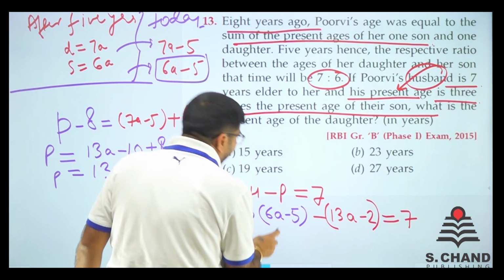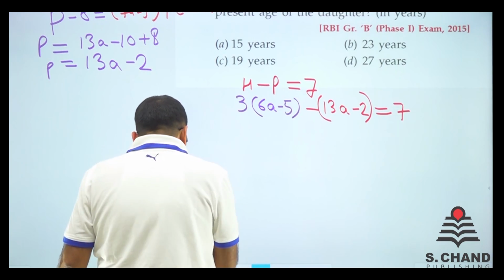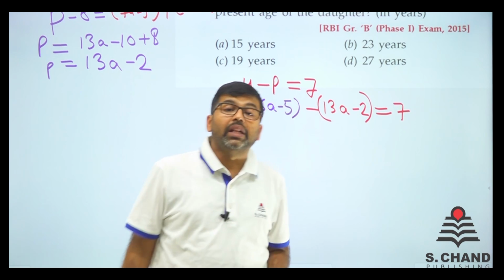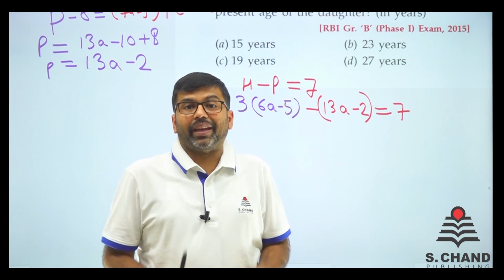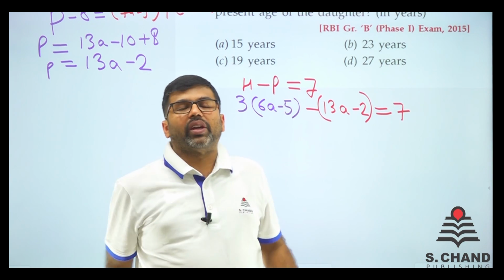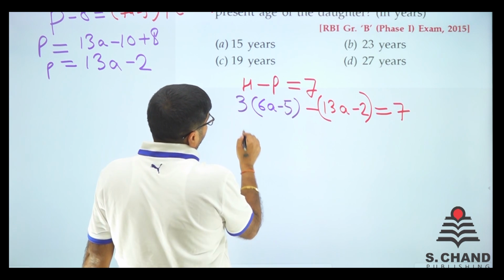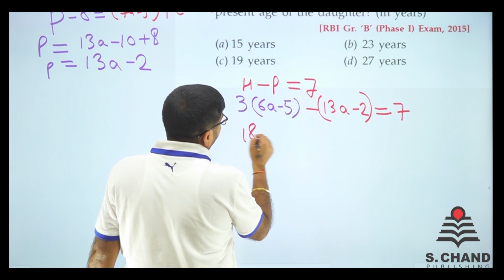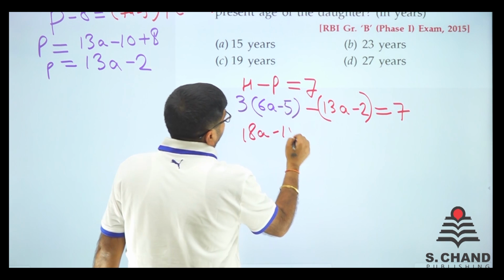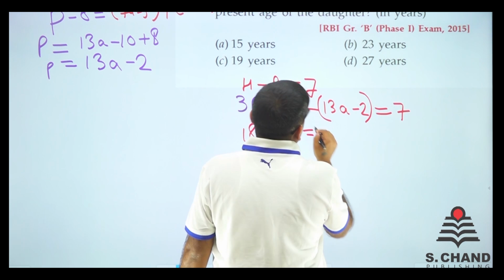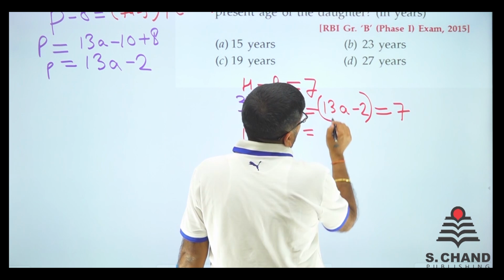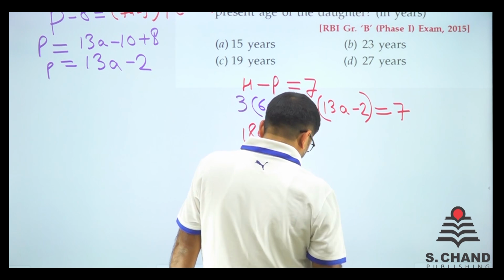So finally we have arrived at an equation जो हमें solve करनी है. That is it. आप किसी तरीके से एक सिंगल इक्वेशन पे आ जाइए, आपका काम आसान हो जाएगा, राइट? So 6 into 3 is 18a minus 15 is equal to what? Sorry, this is minus, I guess. Yes.